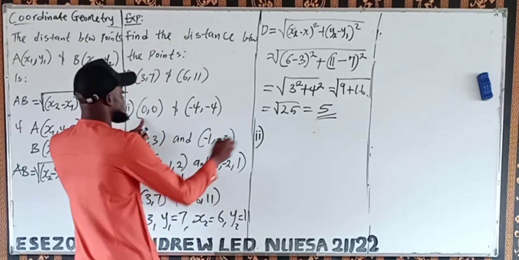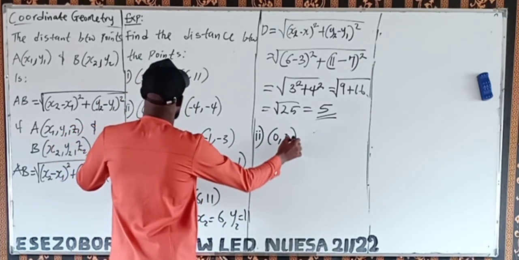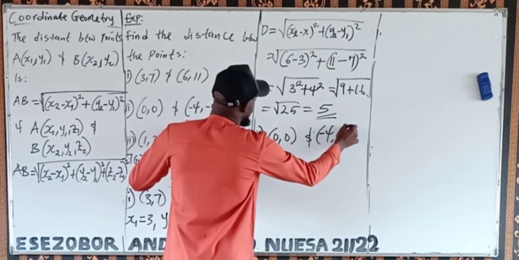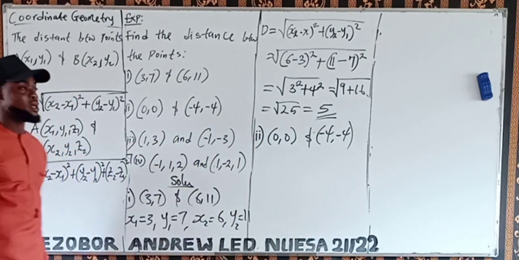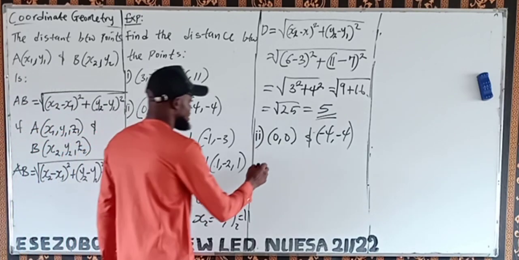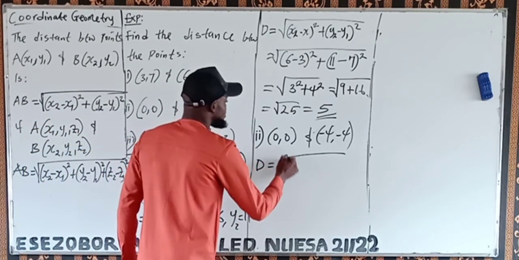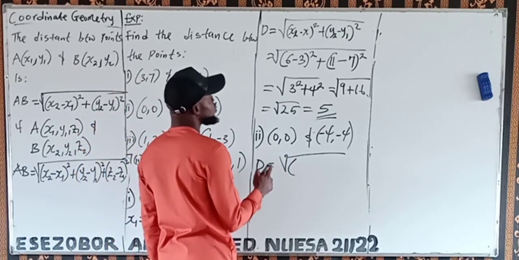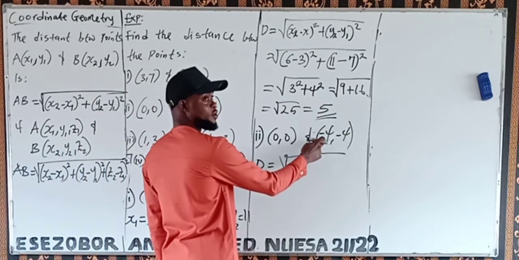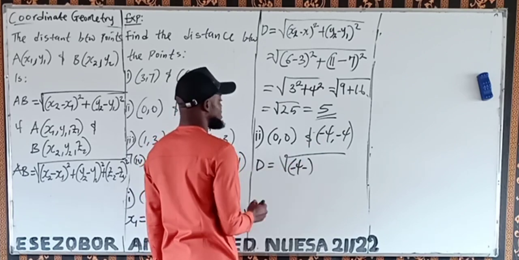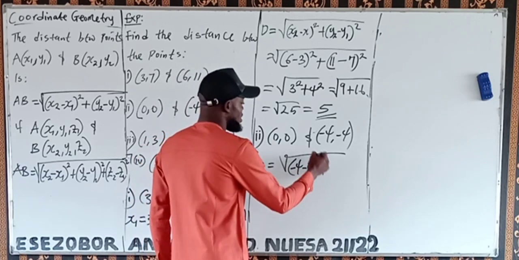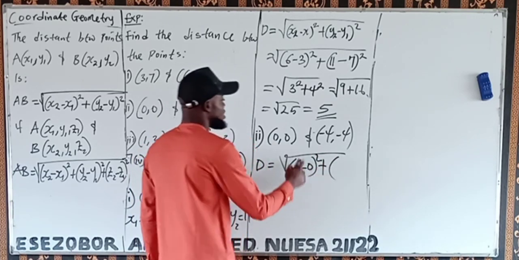For number 2, the distance between point (0, 0) and point (-4, -4). So the distance between these 2 points now. Let's look at it to see what we have. The distance will be equal to the square root of (x2 minus x1) squared. x2 is minus 4, minus x1, x1 is 0. Then plus (y2 minus y1) squared.